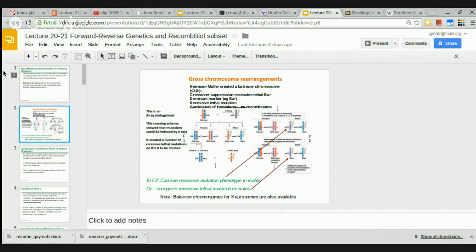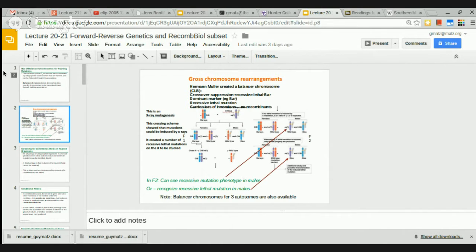The mutagenized male is mated to a female that contains this balancer chromosome called CLB. What I'm going to end up getting from this cross between these two is one type of female that has the balancer chromosome and this putative mutagenized X chromosome from the male.